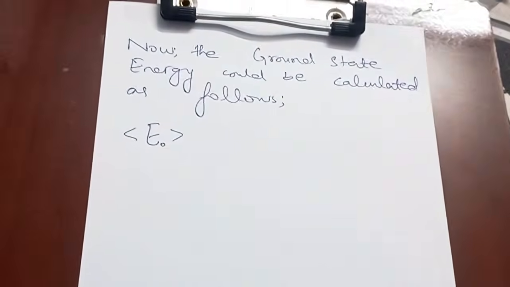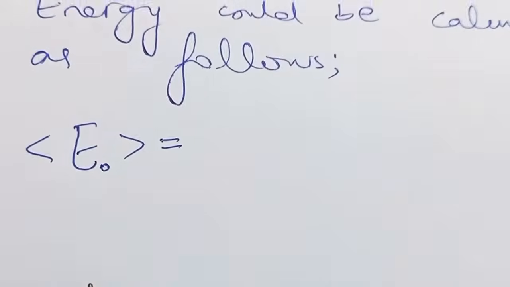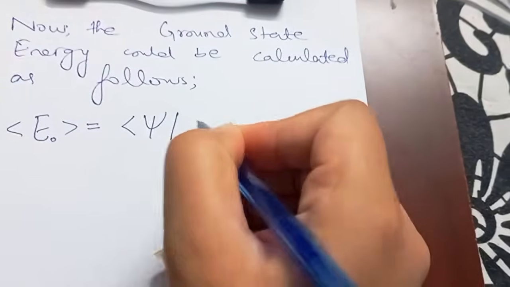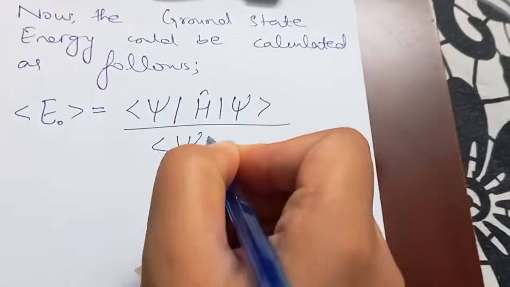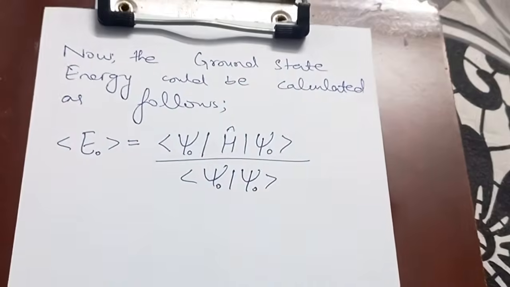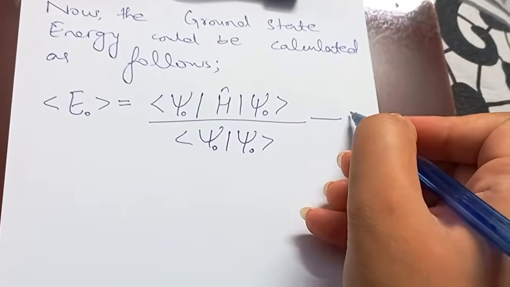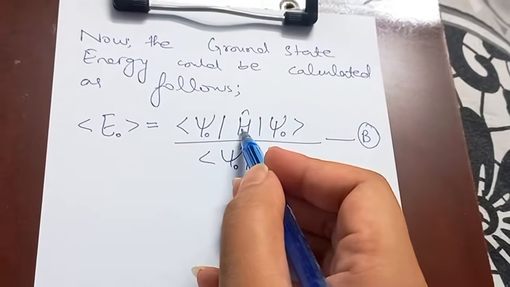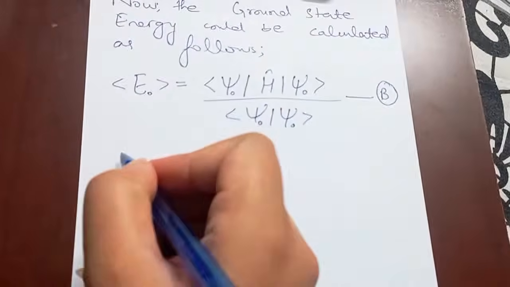This means it's the calculation for ground state energy, with the naught sign, a small zero you can say, and we have this thing divided by this, using naught to show that it's for the ground state. Let us call it equation number B. Alright, here H hat is the Hamiltonian for the hydrogen atom, and let us write it.